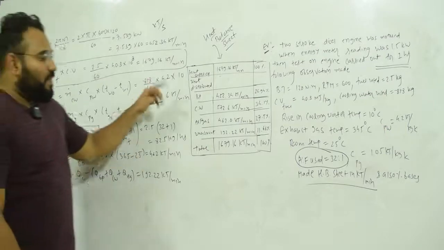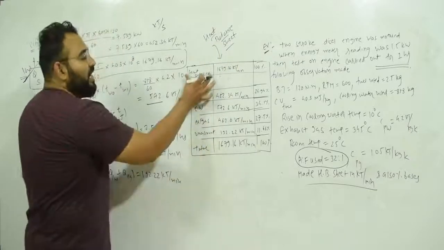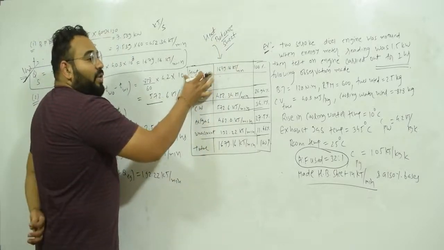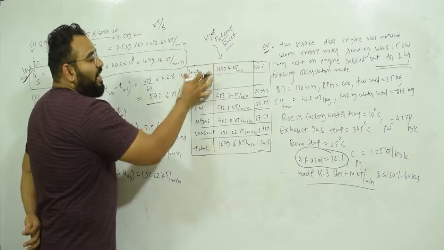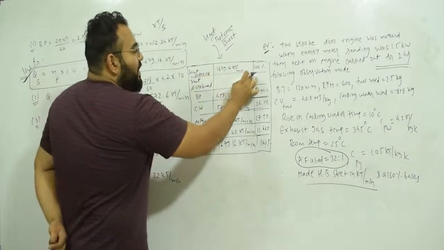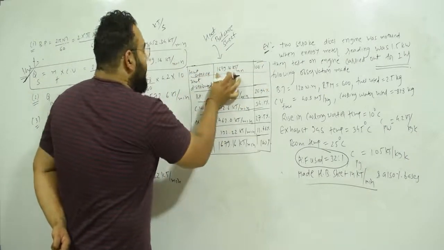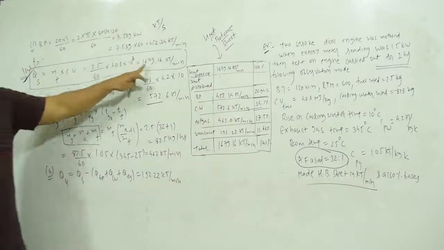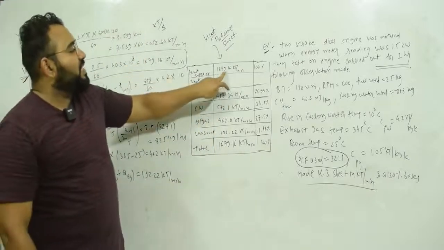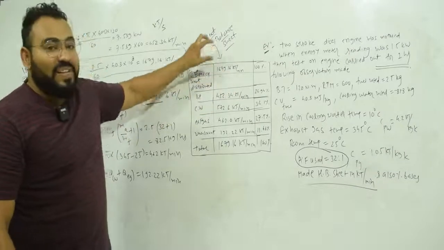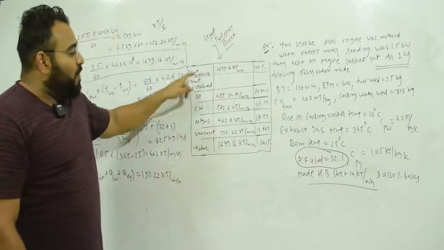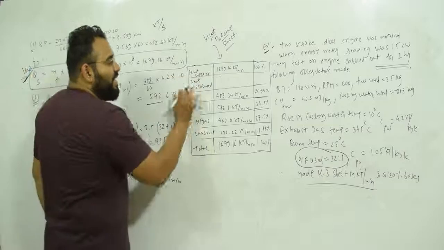So now let us make the heat balance sheet. First we write the total money you have, which means the total heat supplied, which is our 100%. The heat supplied is 1679.16, so I will write 1679.16. This is our 100% that we have given to the engine. Now let us find the engine spending. Here I will write heat distributed.